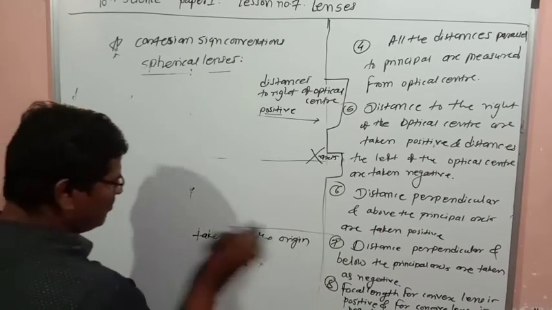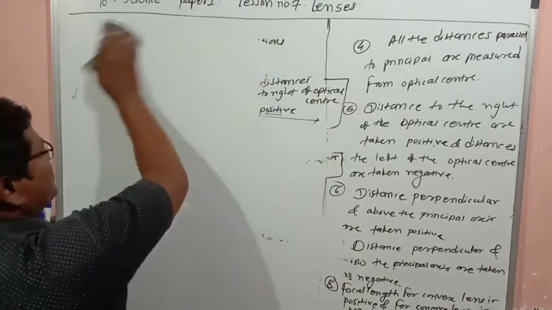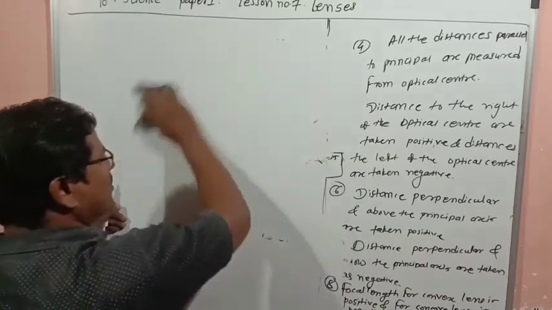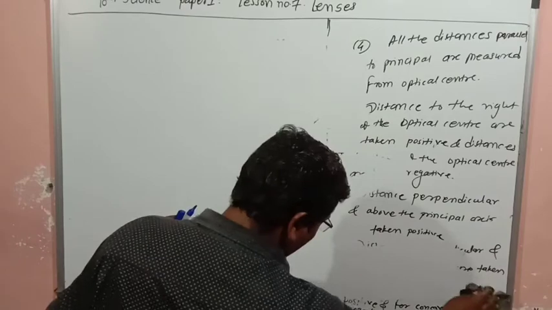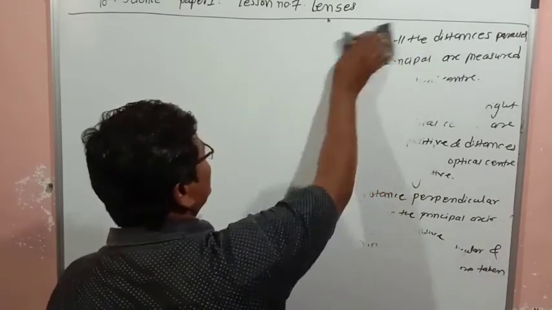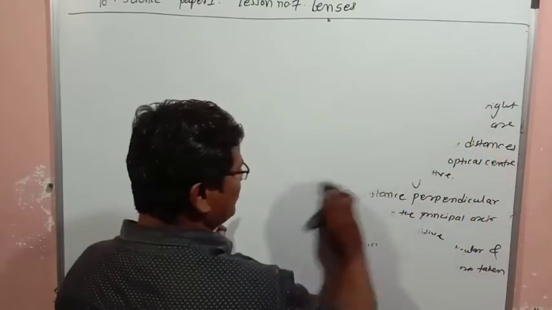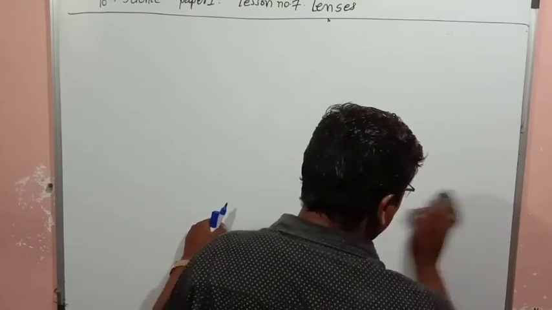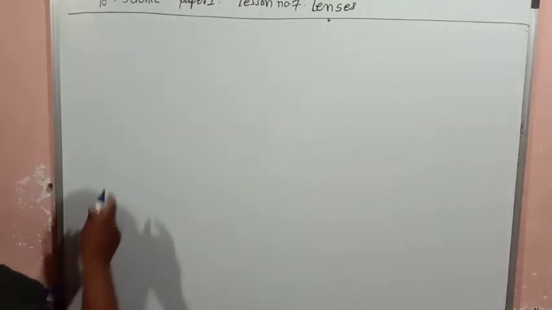If you know object distance, image distance, and focal length, between these three there is a specific relationship, and one formula shows that particular relationship. That formula we call the lens formula.